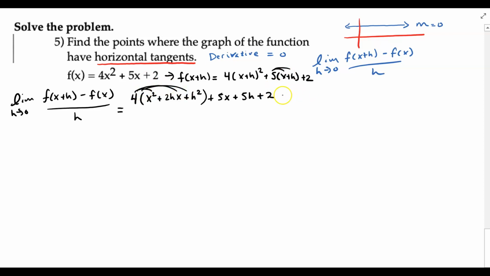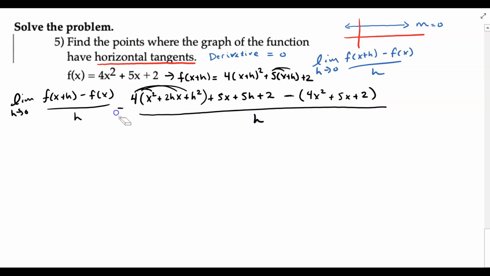We do some more distribution. Of course, we're going to subtract f of x, so minus 4x squared plus 5x plus 2, and divide all that by h. One thing I'm forgetting is the limit as h approaches 0. That's so important. You have to keep writing that.